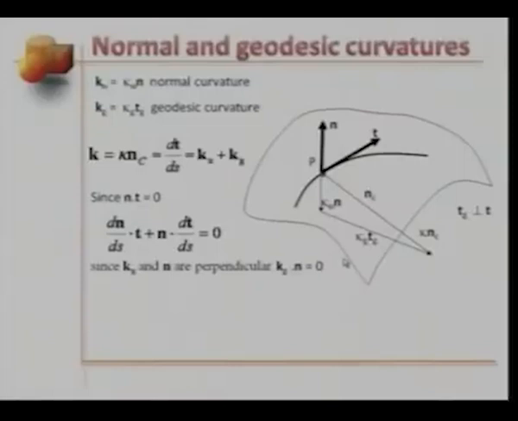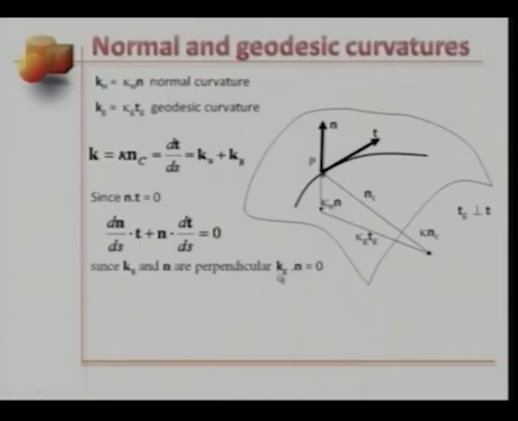Now, since k sub g and n are perpendicular, k sub g is this vector here, and we have constructed this vector so that n and kappa g times tg make a 90-degree angle here.